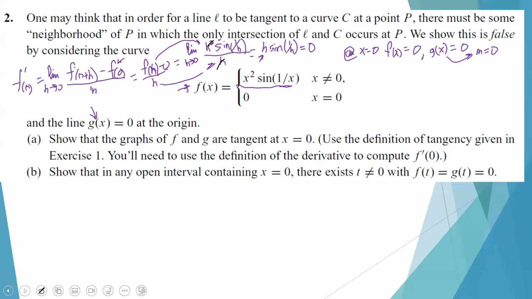Because the slope here is always 0, the derivative of g of x is always going to equal 0. So now we have, thus, the derivative of f at 0 equals the derivative of g at 0, at x equals 0.